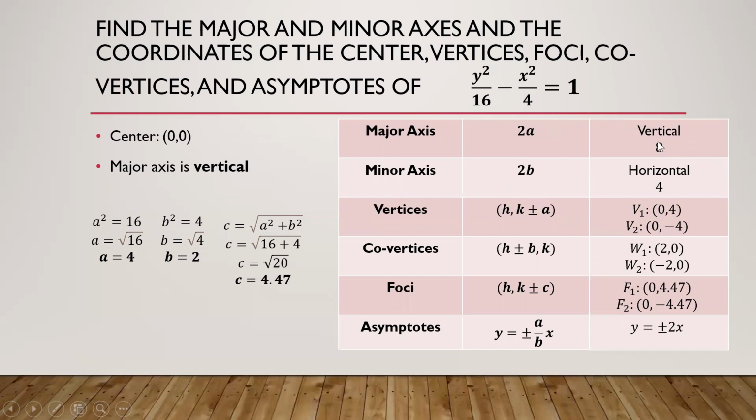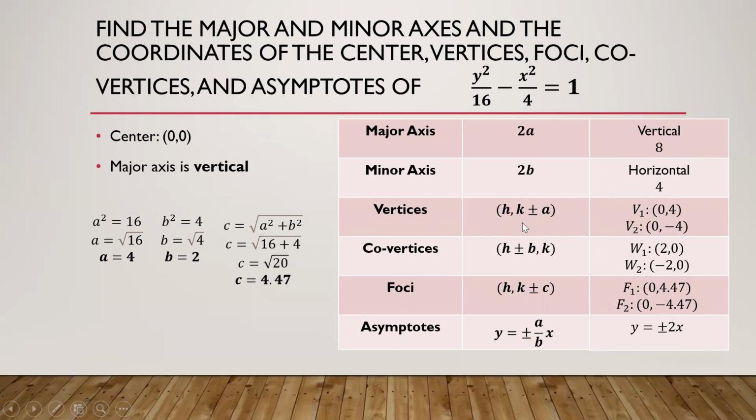For the minor axis, whatever our answer for the major axis is, it's the opposite for the minor. So for our major, that's vertical, and for our minor, that's horizontal. So 2b, that's 2 times 2, that's 4.